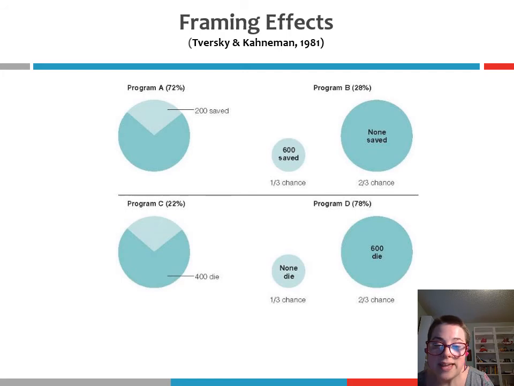So when something is framed in terms of gains, we crave certainty and we'll choose a risk aversion strategy to be certain that we're going to gain something, right? Whereas when it's framed in terms of what we lose or what gets taken away, we're willing to gamble and take a much more risky option or risk-taking strategy to avoid those losses. Okay?